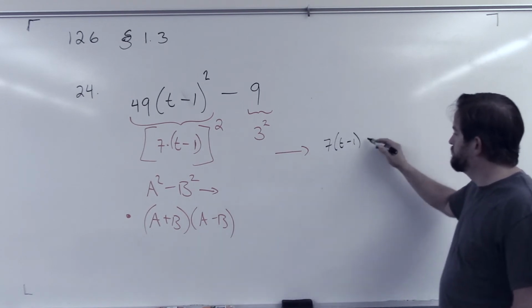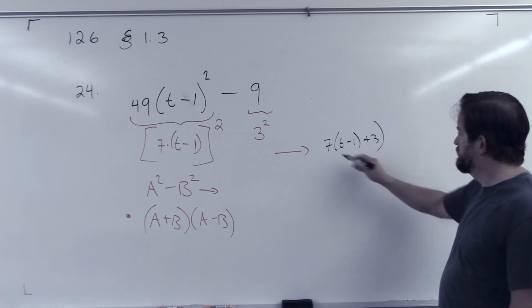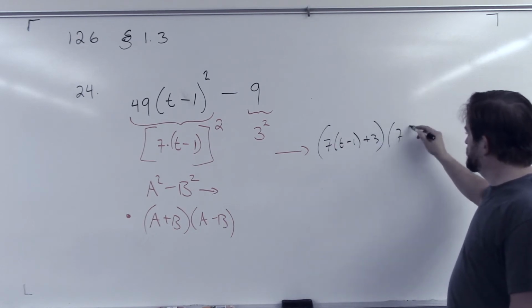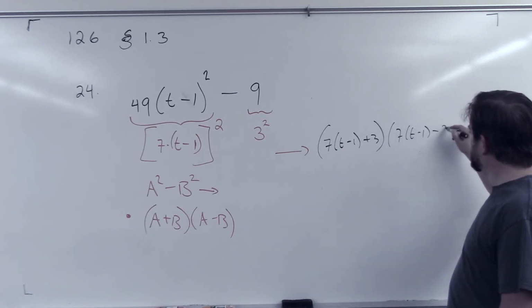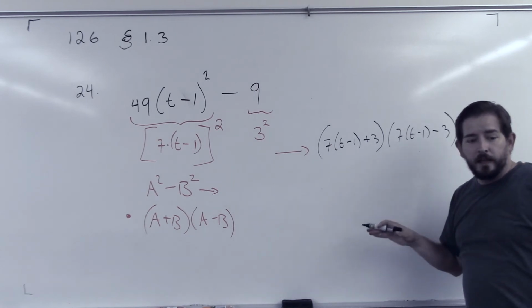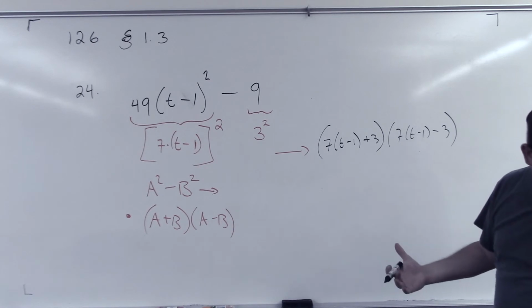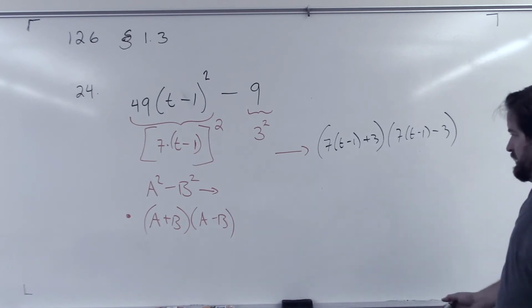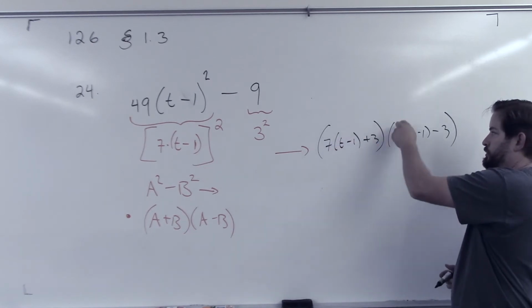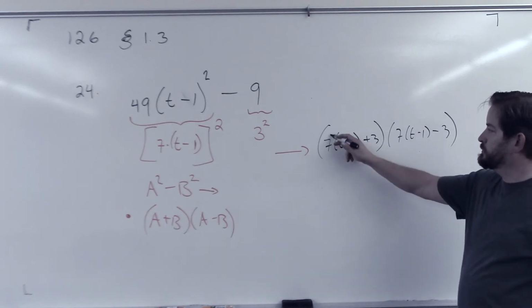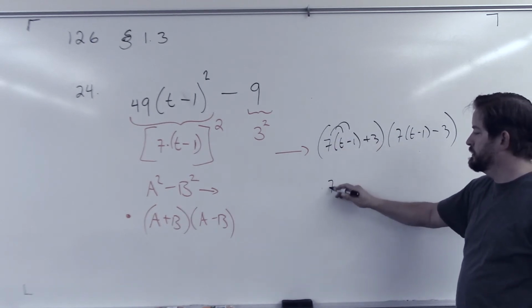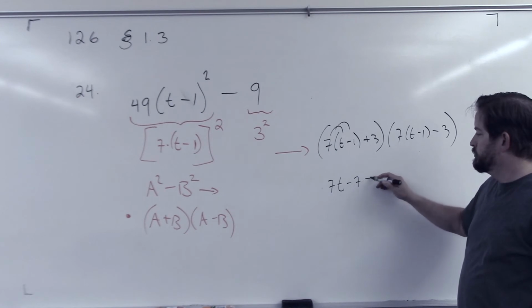plus 3, multiplied by 7 times t minus 1 minus 3, right? And this is correct, not simplified, right? So I need to simplify a little bit. I'm going to take the 7, distribute it through, and I'll do that on each one. So this becomes 7t minus 7 plus 3.